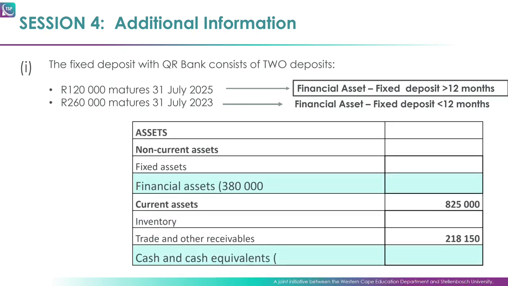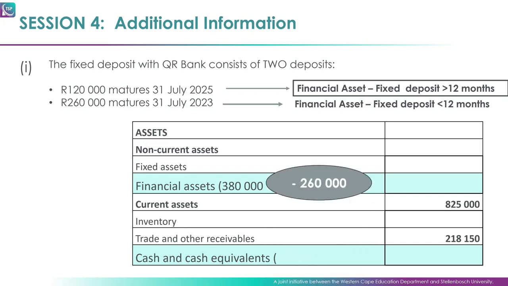In our financial statements, we have a financial asset amount of 380,000 Rand, which was given. However, 120,000 is actually the only amount that should be there, and then we have the 260,000, which only matures on the 31st of July 2023, within 12 months.